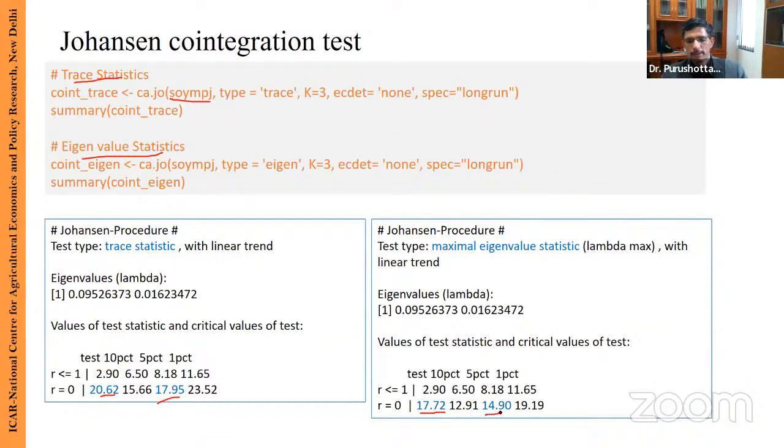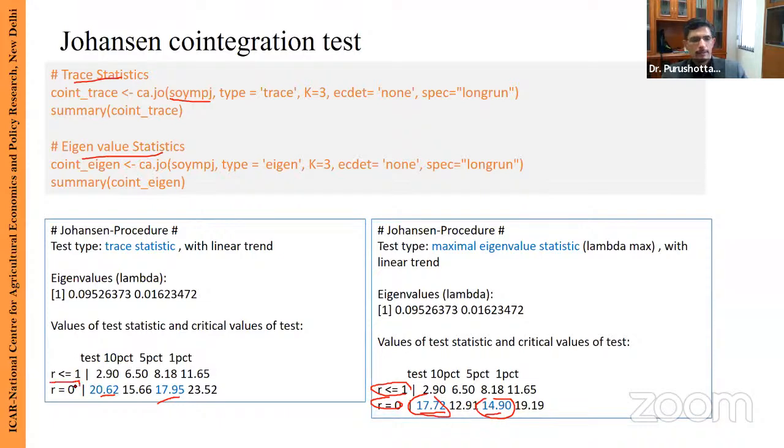Here it says if your test statistic is greater than the 5% critical value, we reject this, and we're going to say that there is more than 0, meaning there is at least one cointegrating vector in that.